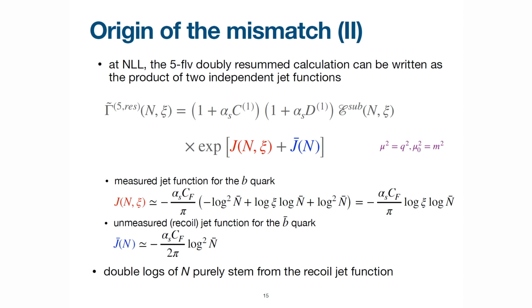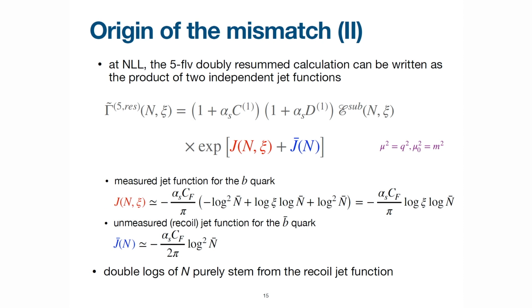If you go back and you take the factorization formula in the massless case, at least at next-to-leading log, you can write it in this form. So there's some prefactor, which are not so crucial for us. This essentially is the evolution part of DGLAP that doesn't contain logs of n, so we're going to factor it out. The important thing is you can write it essentially as the product of two jet functions.